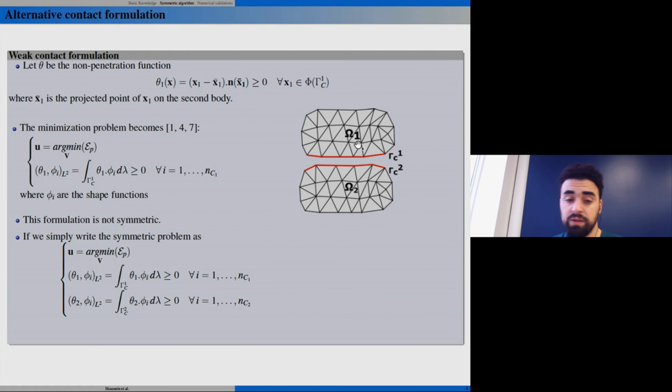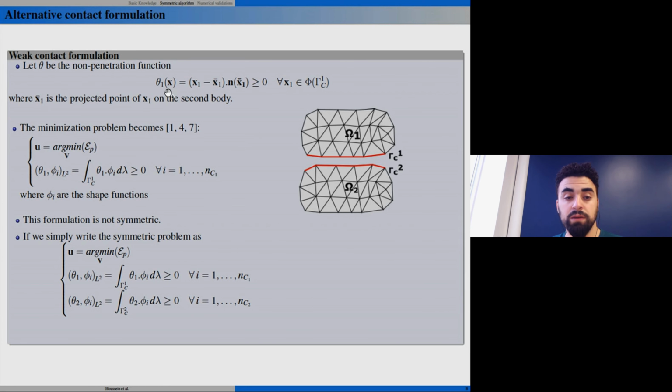Now we have another method in order to create a symmetric algorithm. For example, here at first we will take the first one, omega 1, as a slave and the second one as a master. Gamma C1 is the potential contact area in the initial configuration, and gamma C2 is for the second body.